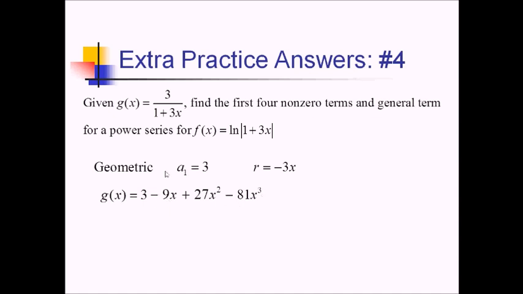We also are starting with a 3 out in front of everything, and I'm also going to have to multiply by 3 to the n and x to the n. Now, instead of having a 3 out in front and then having another 3 to the n, you could just do 3 to the n plus 1, and that would also work.